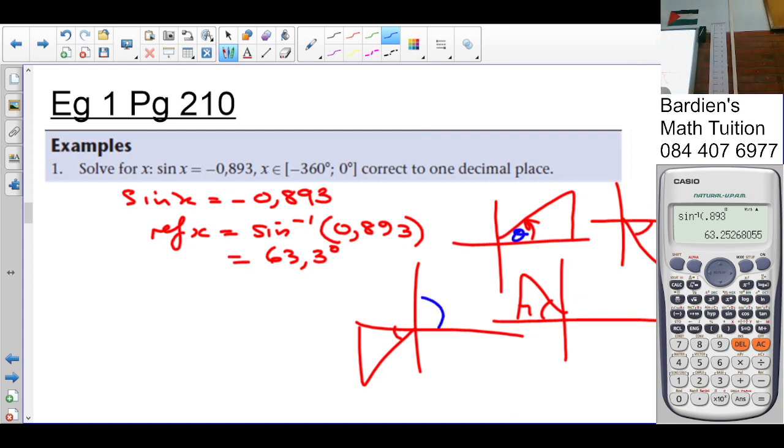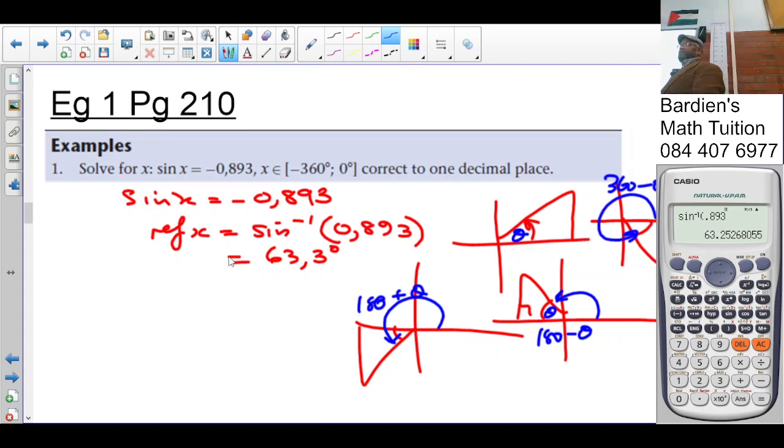If it is in the third quadrant, then it will be 180 plus theta. If it's in the fourth quadrant, it would be 360 minus theta. You guys understand?